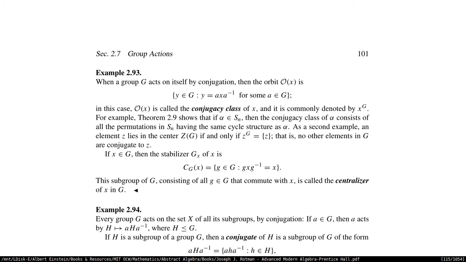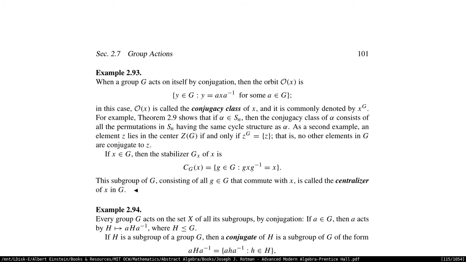Right, because the center of XPX inverse is going to be all the things that commute with XPX inverse, the conjugate of P. Now if you're taking commutative elements of the conjugate of B, then as A is a conjugate of B, A is going to be in this, right?